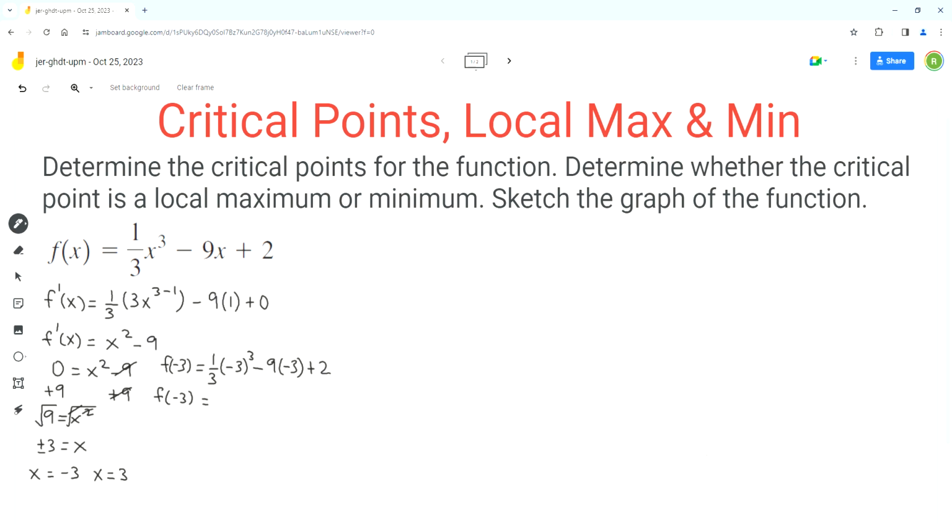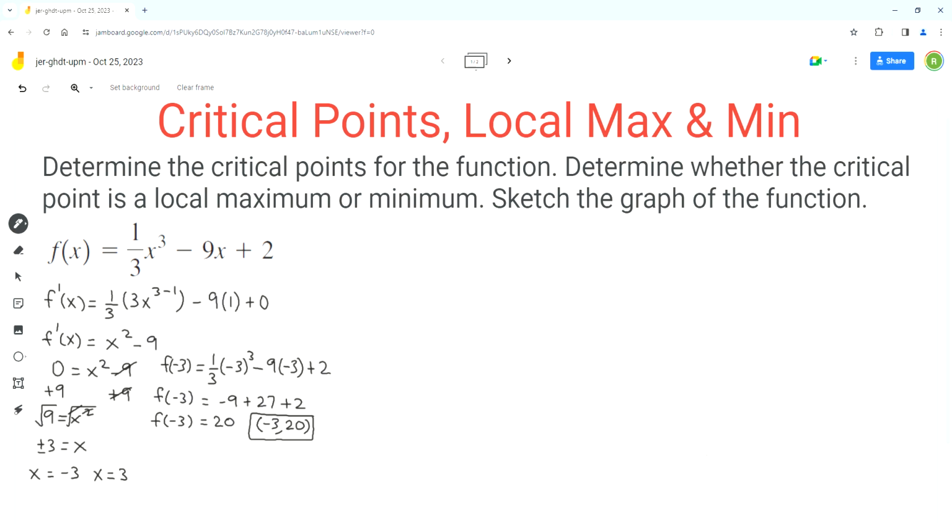Negative 3 cubed is negative 27 and 1/3 times negative 27 is negative 9, and negative 9 times negative 3 is positive 27, and then plus 2. So we get f(-3) equals positive 20. So the critical point is (-3, 20). This is the first critical point for this function.